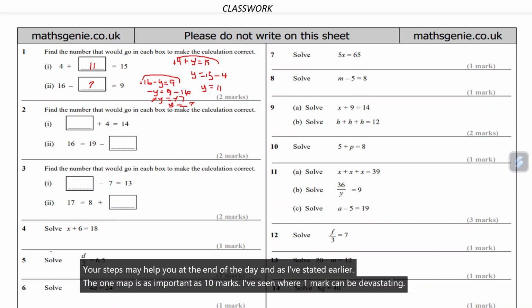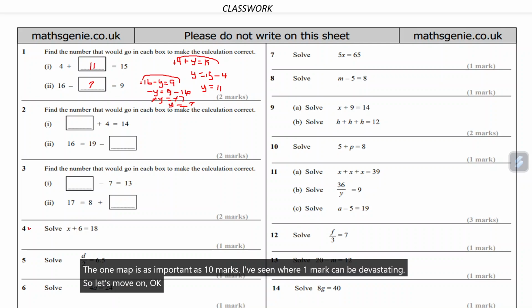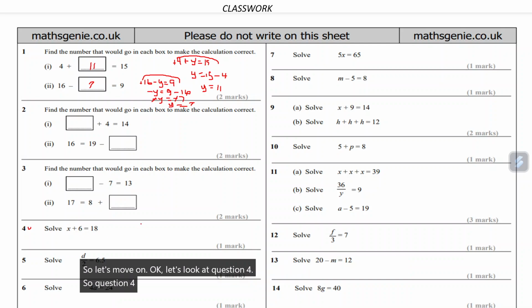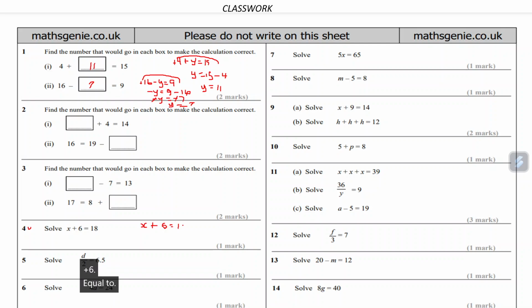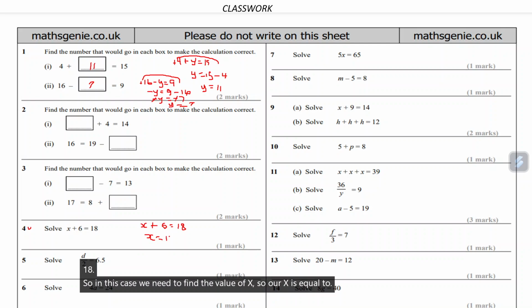So let's move on. Okay, let's look at question 4. So question 4 is this. That becomes x plus 6 equal to 18. So in this case, we need to find the value of x. So our x is equal to 18.